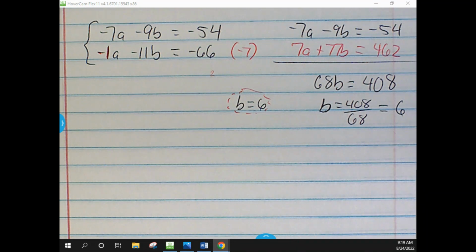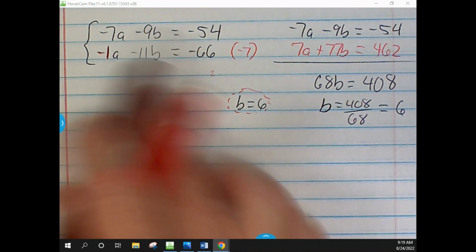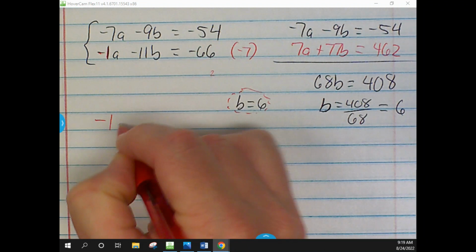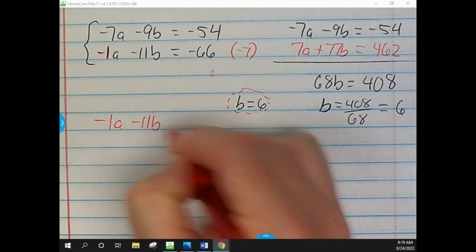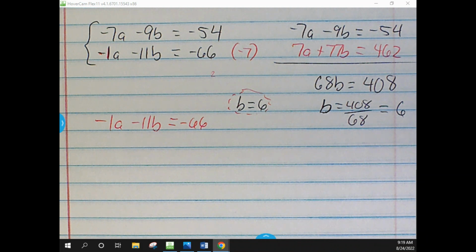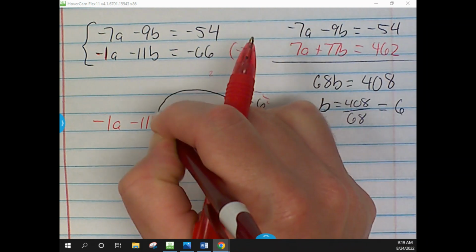Okay, so now we're back to b equals 6. Pick any one of these equations, plug it back in, and let's see what a is going to be. About the same either way, right? So I'm going to just pick the bottom one here. I got -1a minus 11b equals -66. We're going to plug in this b equals 6 right here.